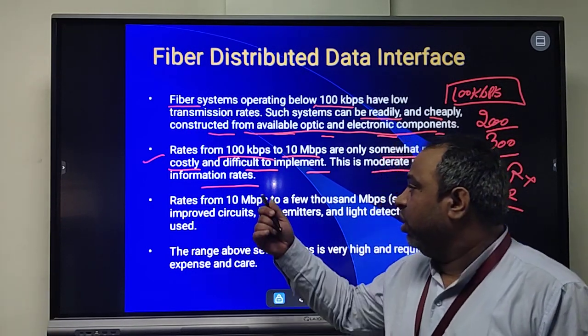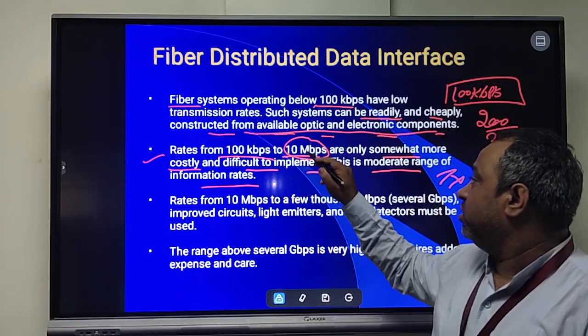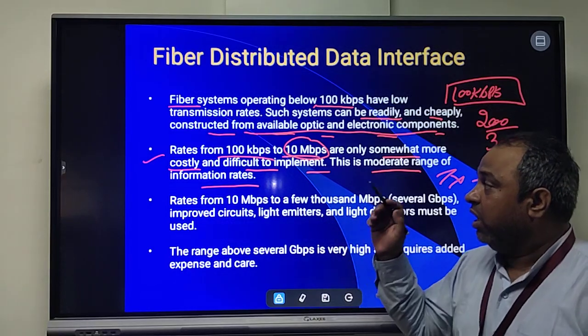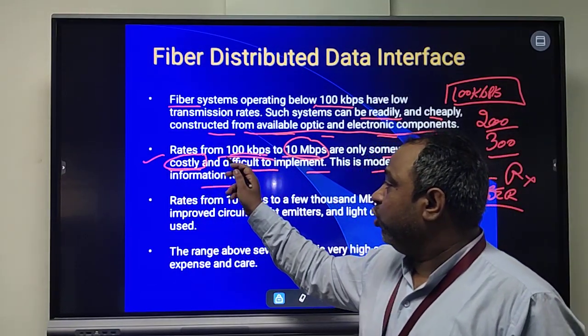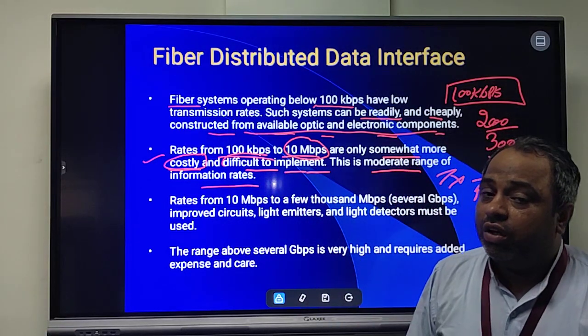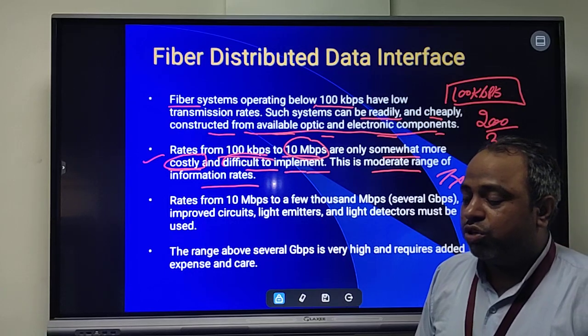We are talking about a higher bit rate, this much amount of data, and at that time the system is very costly and difficult to implement. You have to be very careful whenever you handle a huge amount of data.